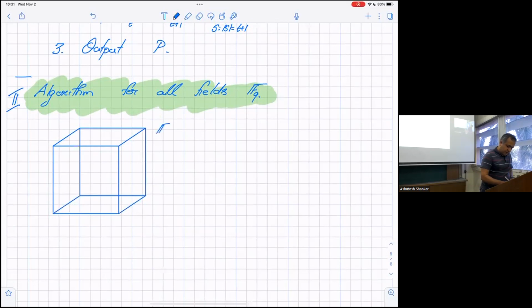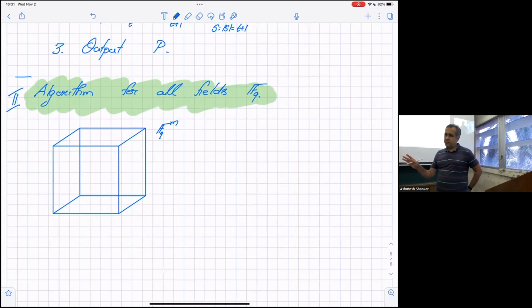So let's look at this FQ to the M. Now, we are going to do a second algorithm. I will not recover the polynomial coefficient by coefficient. I will recover the evaluation of the polynomial correctly on the whole space. And then once you do that, you can do interpolation to recover the coefficients.